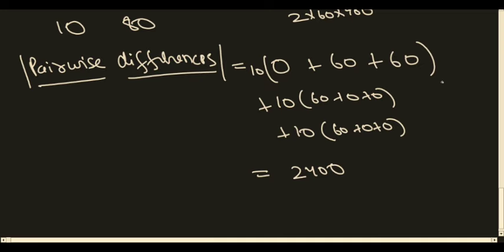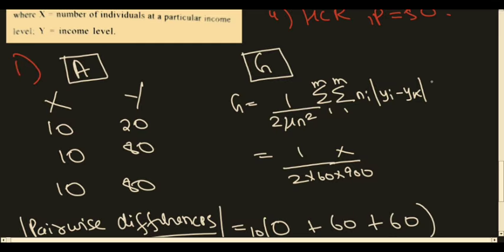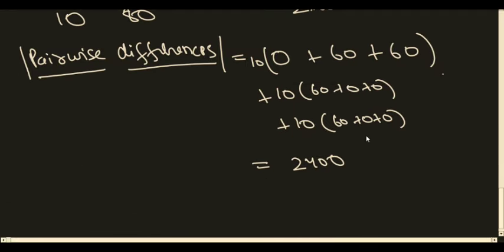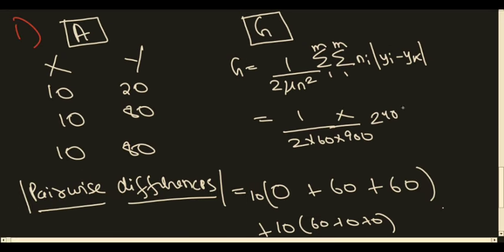Here we have computed the pairwise differences. If you find any error, do let me know in the comment box. The formula for G is 1 upon 2 into mean income into n square, and we multiply it with 2400.